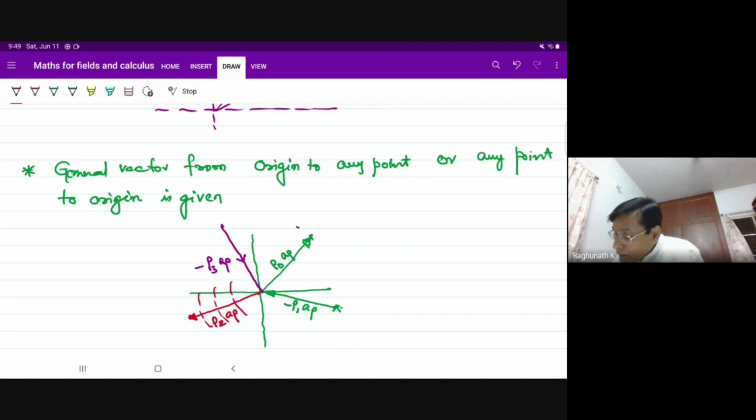If I plot a circle through that point, this is only radial direction, right? Everywhere, this is the radial direction. I am moving in the opposite direction or in the same direction.